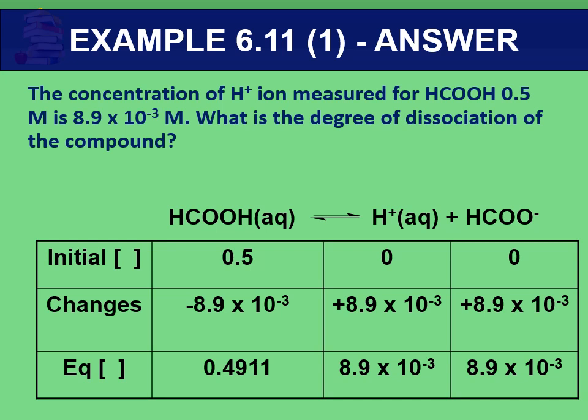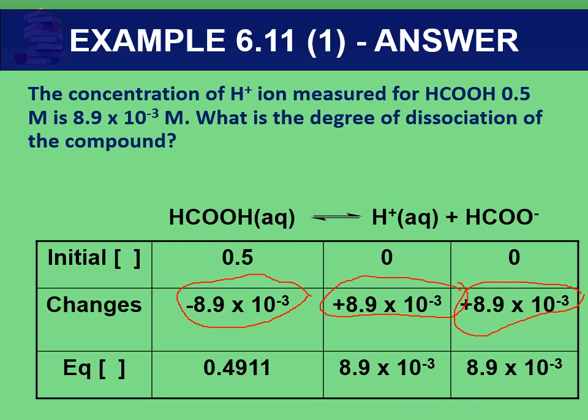So we can immediately write the changes of H+. Here, 8.9 times 10 to the power of negative 3. It's the same as HCOO minus, and it's going to be negative for the reactant.